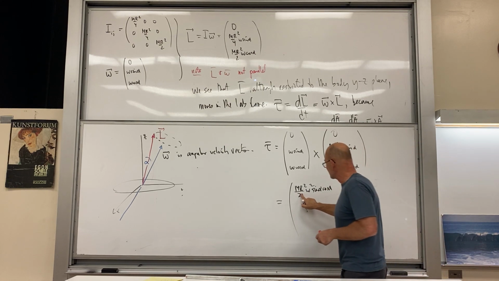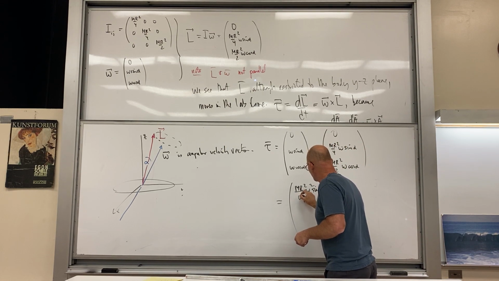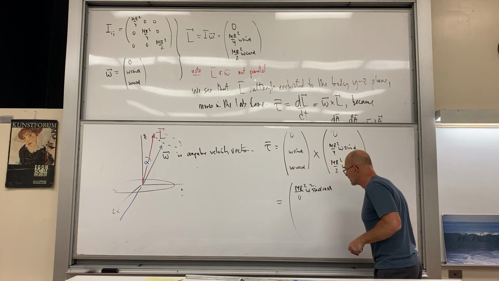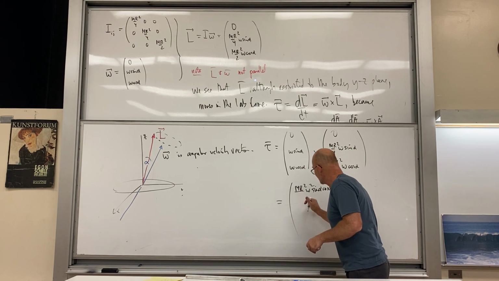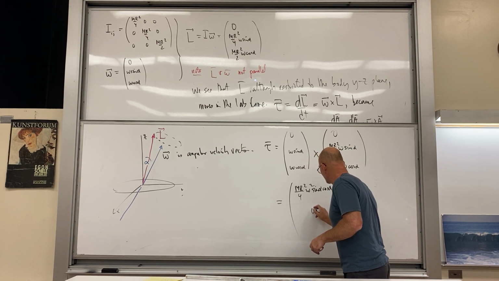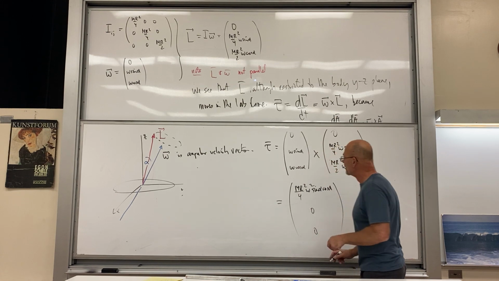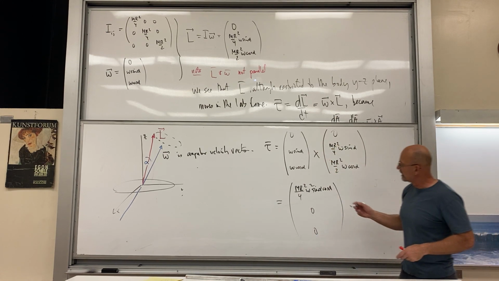So I can actually just write that, not 0, 4 right away. So there's our vector, 0, 0, and that's the torque.